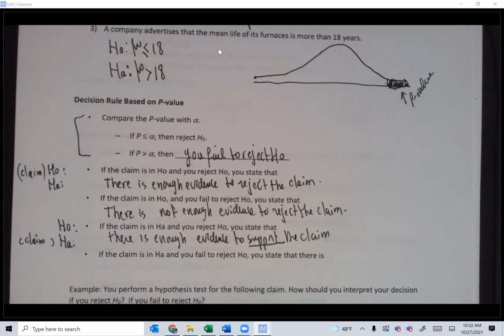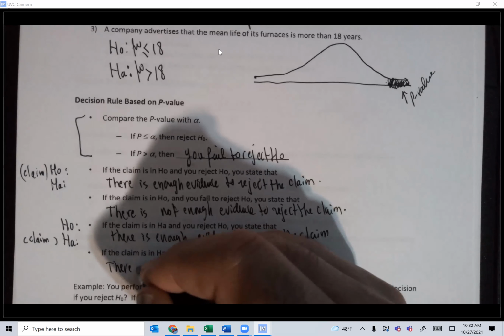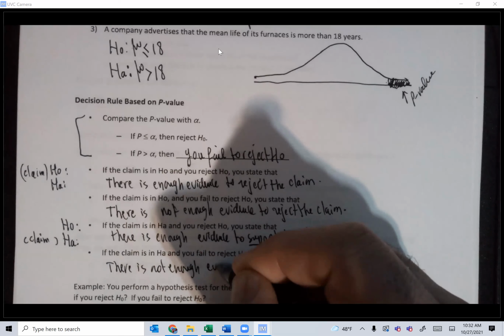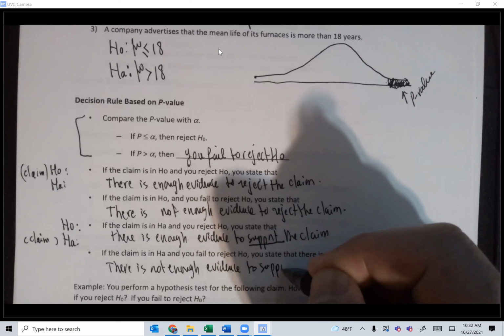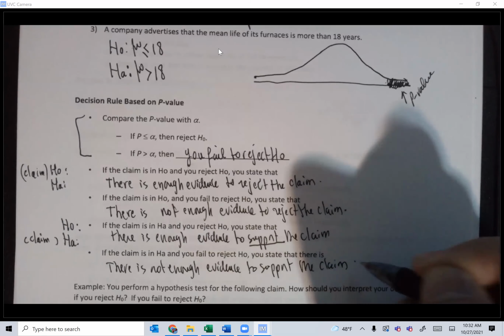So it's just there is not enough evidence to support the claim. We will put all of this into practice once we do an exercise. So we're not there yet.